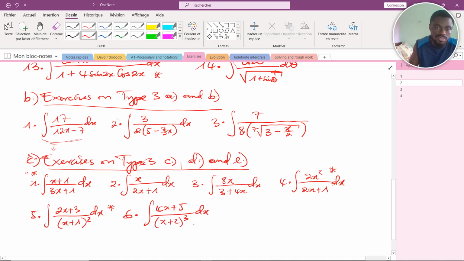You're going to try this. So just exercise yourself. After doing all of these exercises, you can also go to your textbook. You try to find more exercises for you to really master how to integrate such functions.